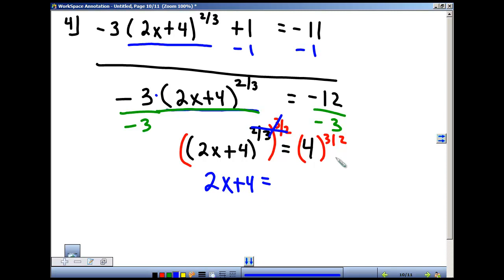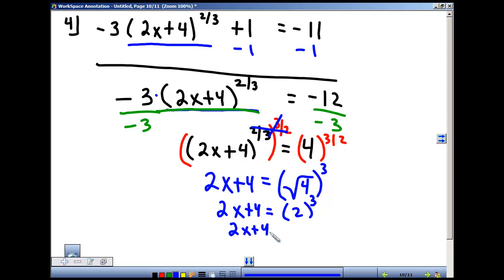On the right side, this is the square root of 4 cubed. But we don't necessarily write the 2. 2x plus 4 is equal to 2 cubed. 2x plus 4 is equal to 8.